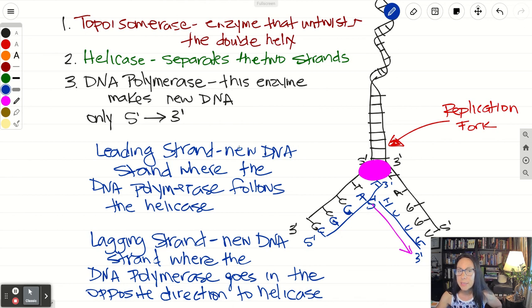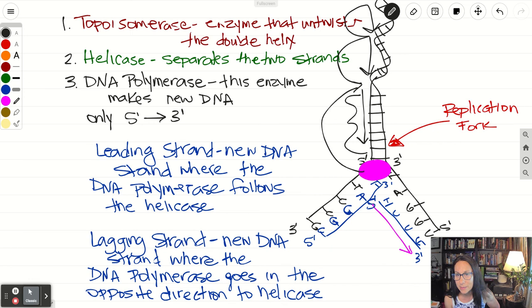Once the helicase opens up this part, this DNA polymerase is going to jump up here and move downward, making another fragment. Then it jumps up here and moves downward again. So it has to make the DNA in fragments. I know that's kind of messy.